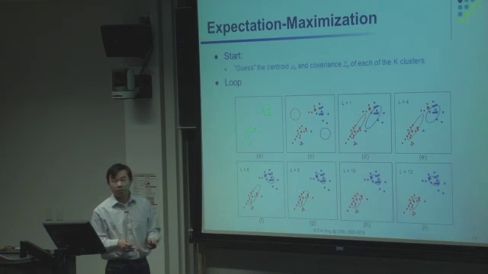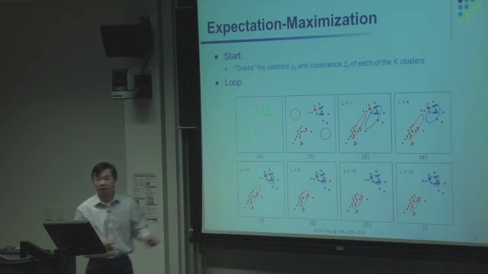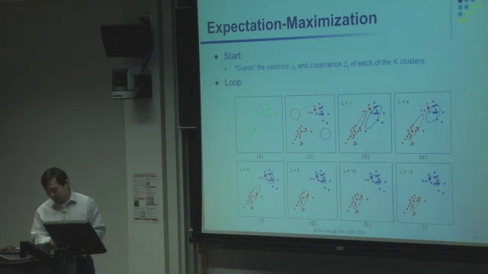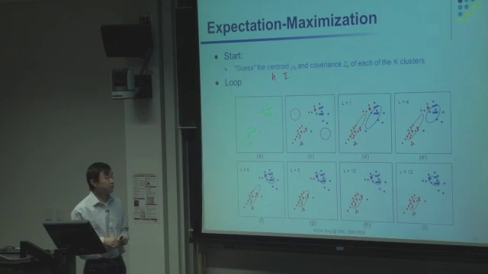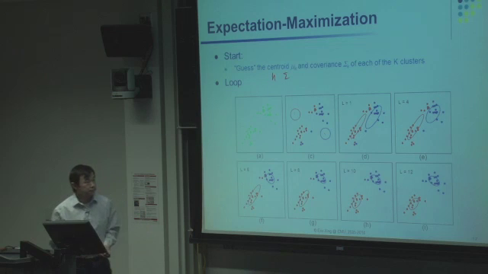The starting point is the same. You're going to start from unlabeled data, and you now also start by picking the mu and the sigma for a given number of clusters. But what you do in terms of assignment is a little bit different.